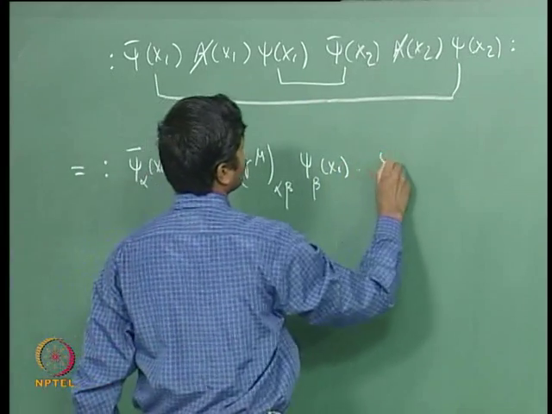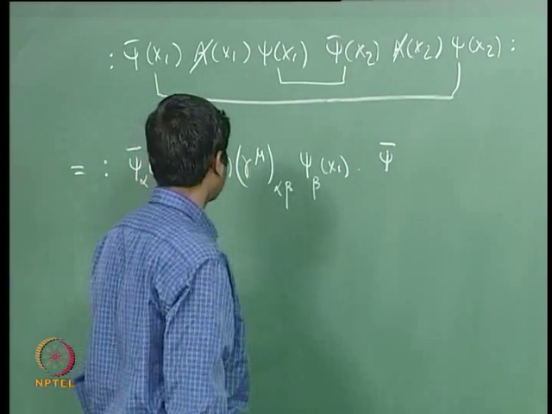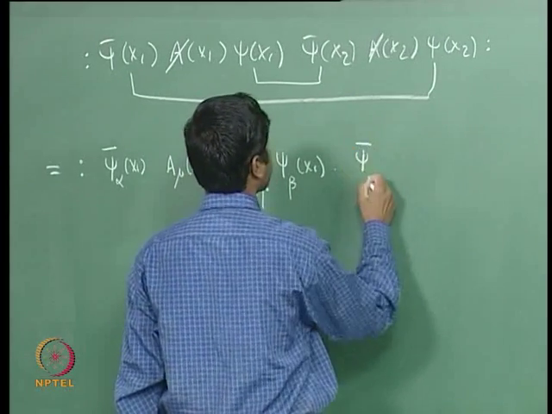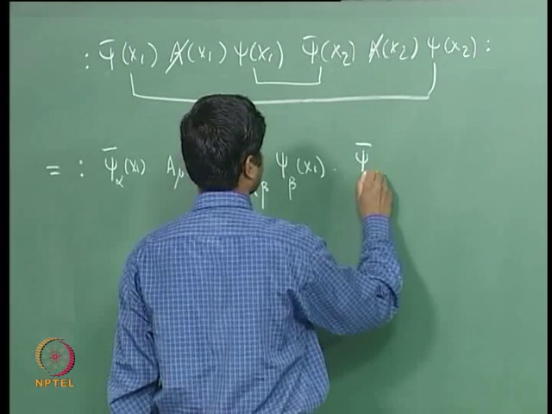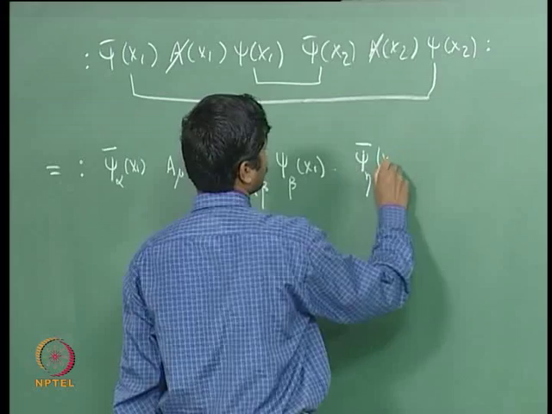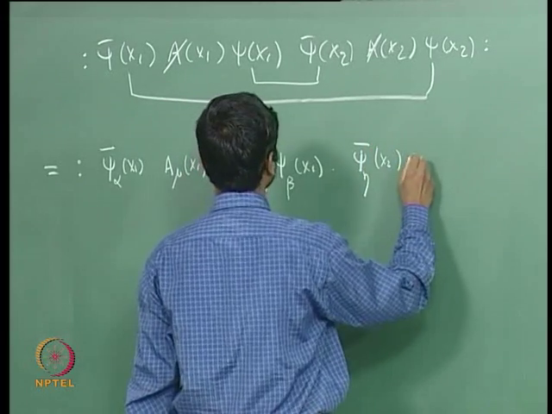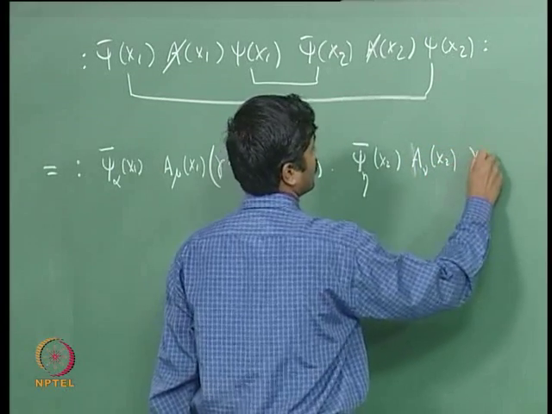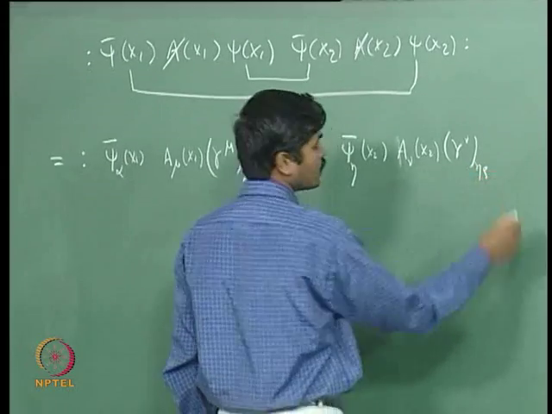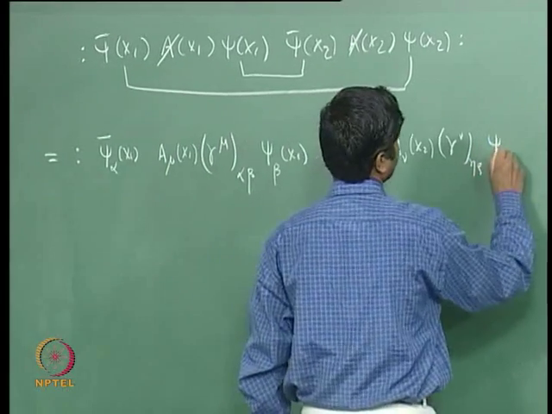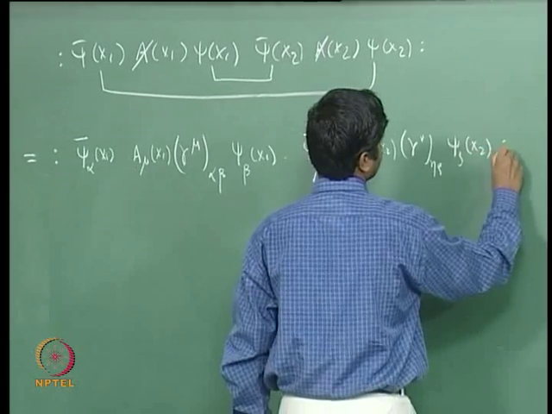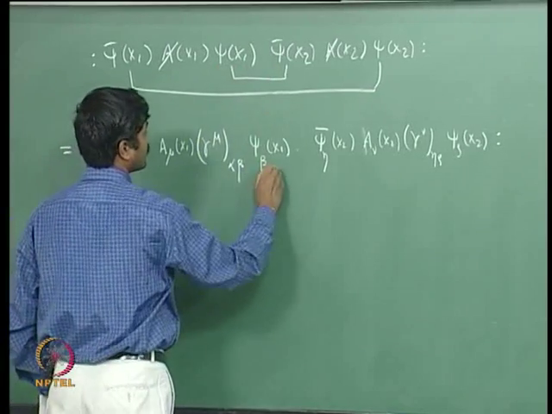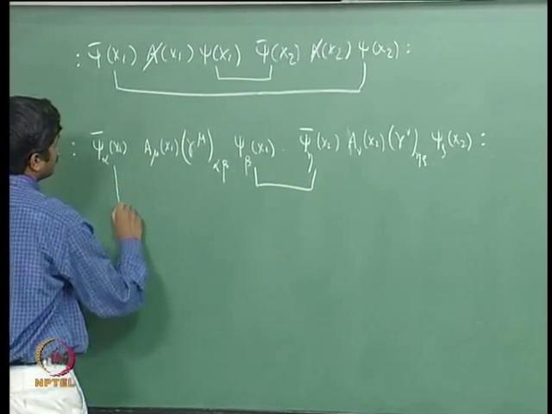Then you have psi bar eta of x2, A-slash is again A nu of x2 gamma nu eta rho, psi rho of x2, with this normal ordering. Now this is contracted with this, so you have a contraction here, and this is contracted with this.